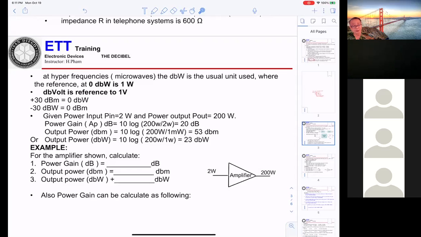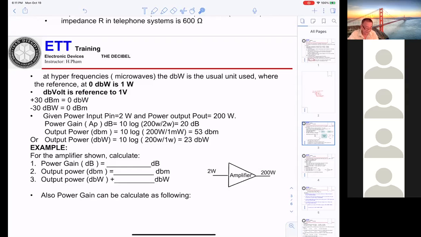So how many formulas do we need to memorize? First, to calculate the gain in dB, if you're using power gain, the formula is 10 times log of the power out divided by power in. For voltage, the formula is 20 log of V out over V in.